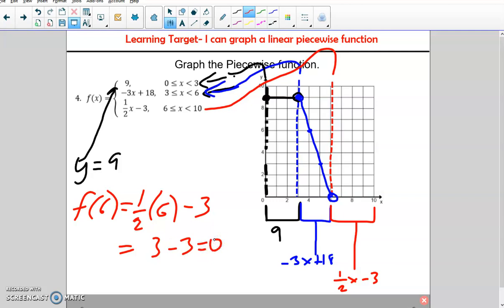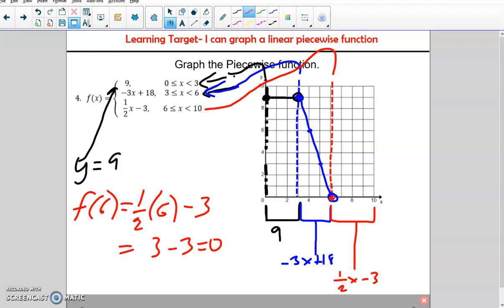So once again, it's not jumping or doing anything strange. This red part of the piecewise function, I'm going to fill in that empty circle, because now this red part says, hey, we are at 0 for this part of the function.